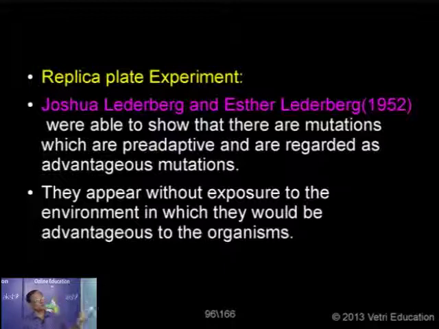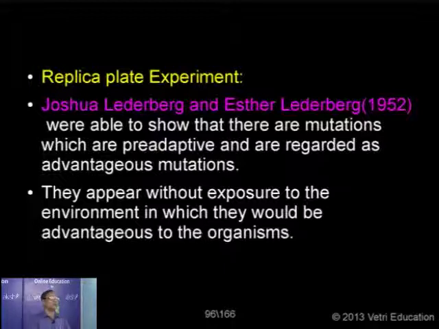The mutation already happened. The organism was in some other environment, and then was exposed to a new environment. Those organisms having that adaptation, in terms of mutations which are adaptive, were able to survive and eliminate the other organisms which had not developed such pre-adaptive mutations.